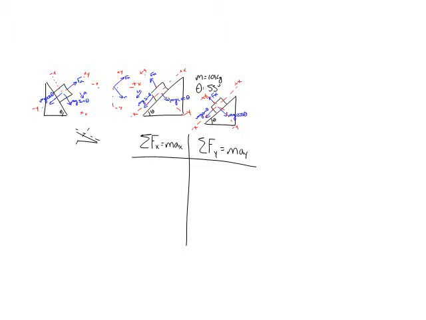Now this is asking about the block's acceleration. How's the block moving? Not down, but down the incline, right? It's moving that way. So is it moving up and down at all off the incline plane? No. And is there any friction? Not on this one. There's no friction. So since there's no friction, you don't need the y side.